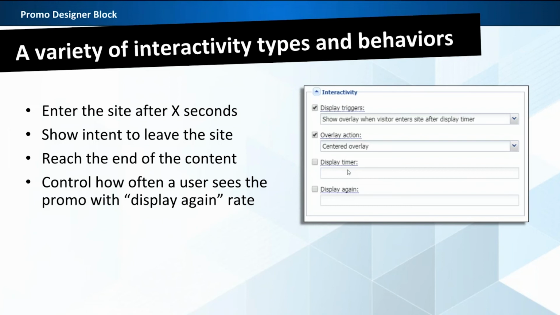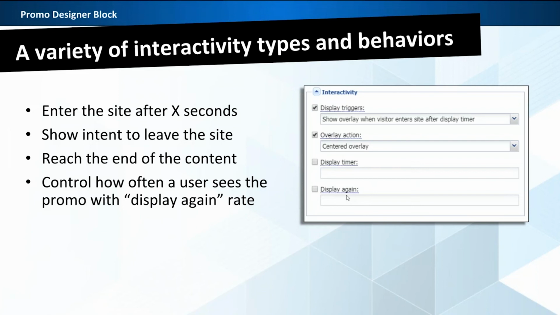Then in addition to the timer, so again, the timer works on the entry of the site, but not on the exit intent, which happens immediately, obviously. Then you also have an option to display again. This is really important because this controls how often a user will see the promo overlay when they visit or interact with the site.